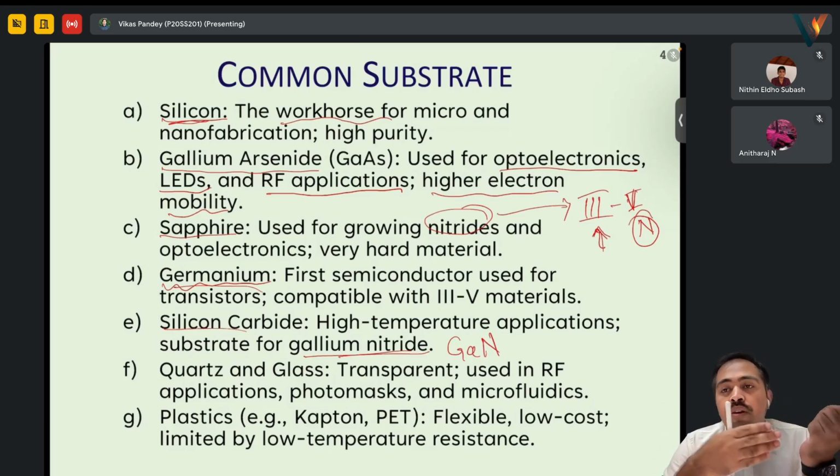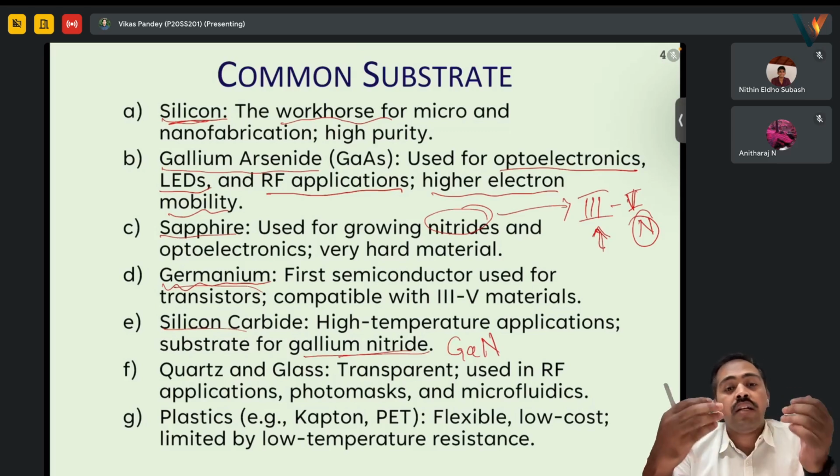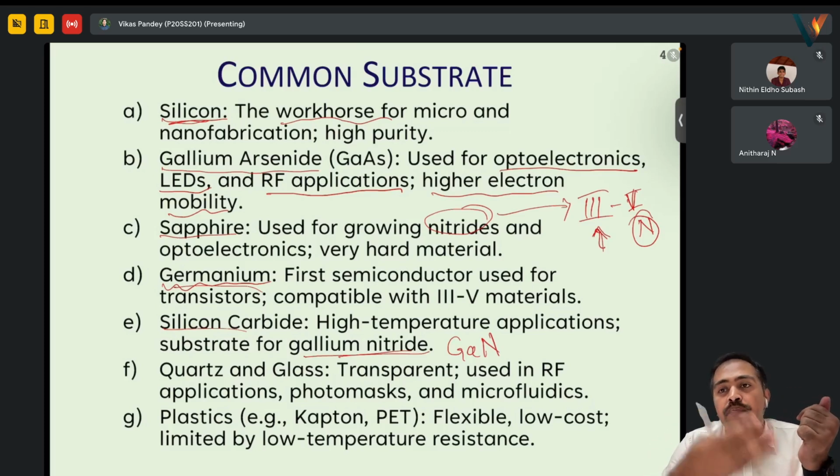These are called microfluidics. They are also made using quartz and glass, such MEMS structures. Then plastics like Kapton, PET. These are flexible, low cost, and limited to very low temperature, like they will burn at a bit higher temperature. So they are for low temperature application, and nowadays flexible electronics is also growing.